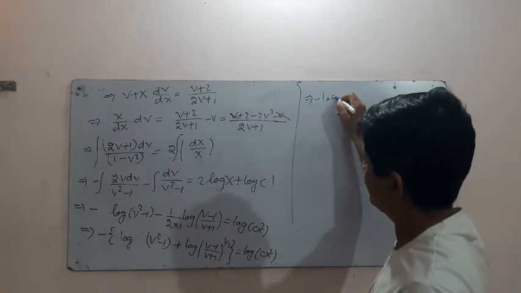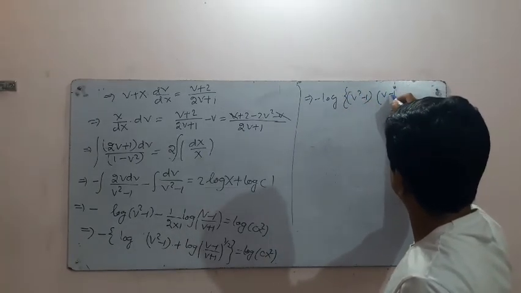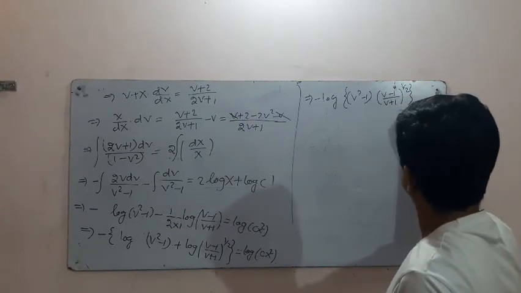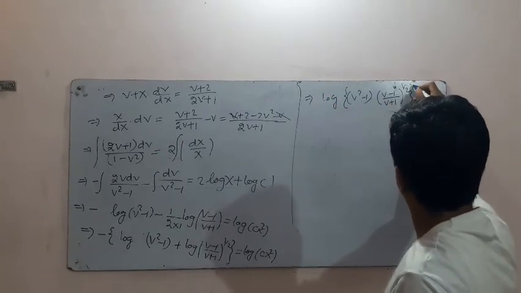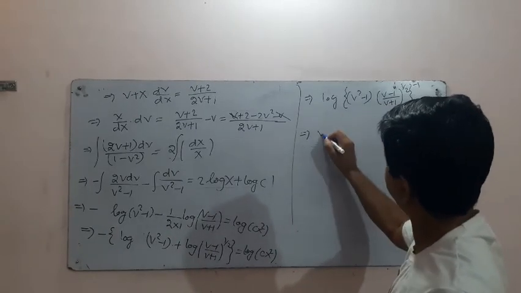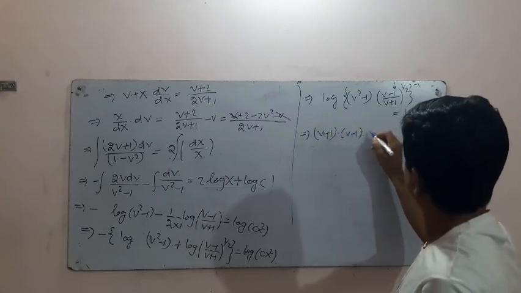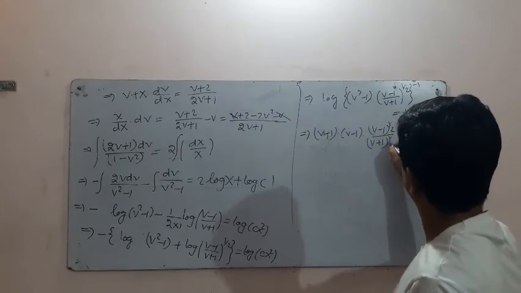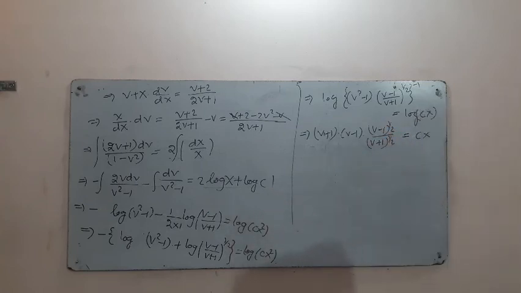Minus implies minus log of (v square minus 1) into ((v minus 1) by (v plus 1)) to the power half is equal to log of cX square. If you take the minus to the upper side, it will be minus 1 and the logarithm will be cancelled from both sides, and it is (v plus 1) into (v minus 1) into (v minus 1) to the power half by (v plus 1) to the power half is equal to cX square. Removing the logarithm from both sides, right?